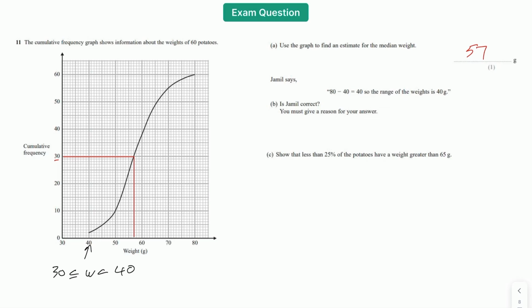Now, the lowest weight could have been 30, it could have been 32, it could have been 35, it could have been anything in that range. We don't know the exact weight. And also with this one, remember you plot against the endpoint, so the endpoint here would have been 80, but the minimum point would have been 70. Okay, so we again don't know if that's the correct maximum weight.